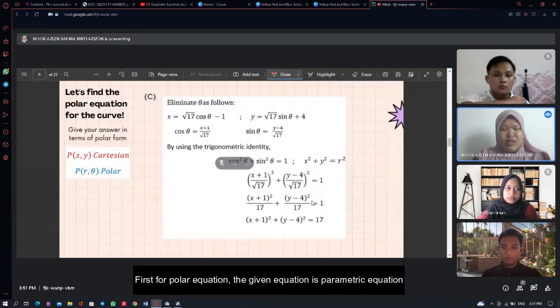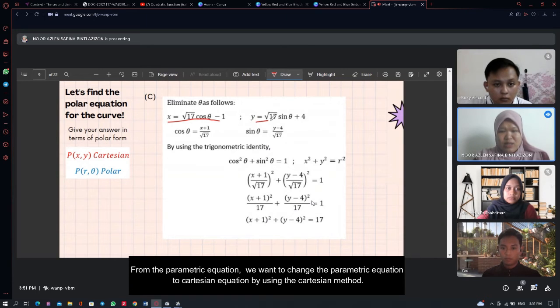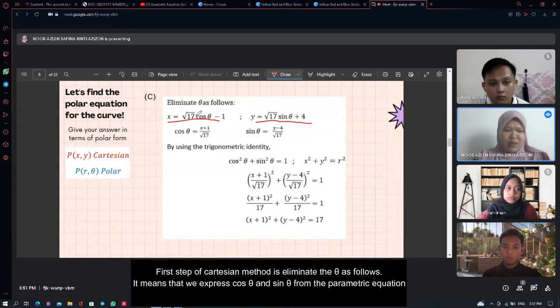First, for the polar equation, the given equation is a parametric equation. So x and y, these two equations, are parametric equations. We want to change the parametric equation to a Cartesian equation. The first step is to eliminate theta, which means we express cos theta and sin theta from the parametric equation.